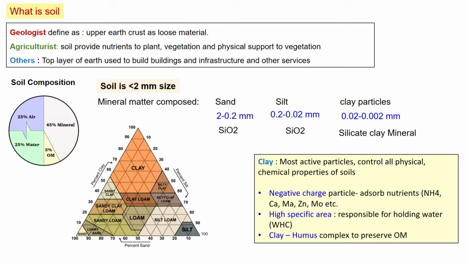The clay-humus complex also preserves the organic matter and contains the nutrients. So soil is composed of sand, silt, clay, and clay is an important constituent of the soil.